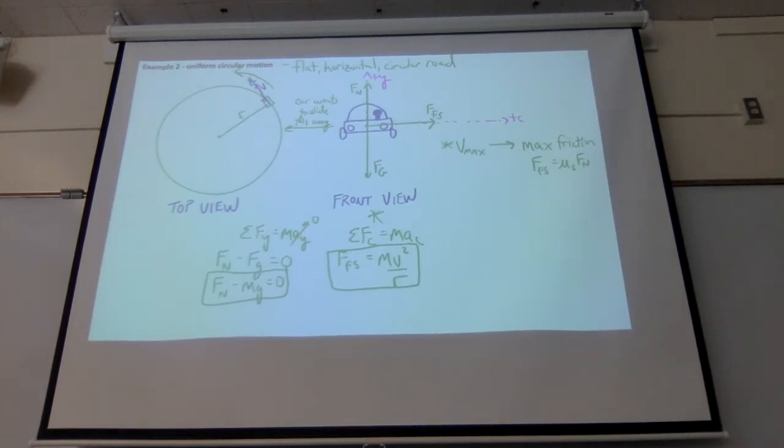Let's say that the radius is 45 meters. The mass of the car is 1,200 kilograms. And the coefficient of static friction is 0.82. And let's see if we can find the velocity. So, in this equation, we've got mu s times Fn equals m v squared over r.